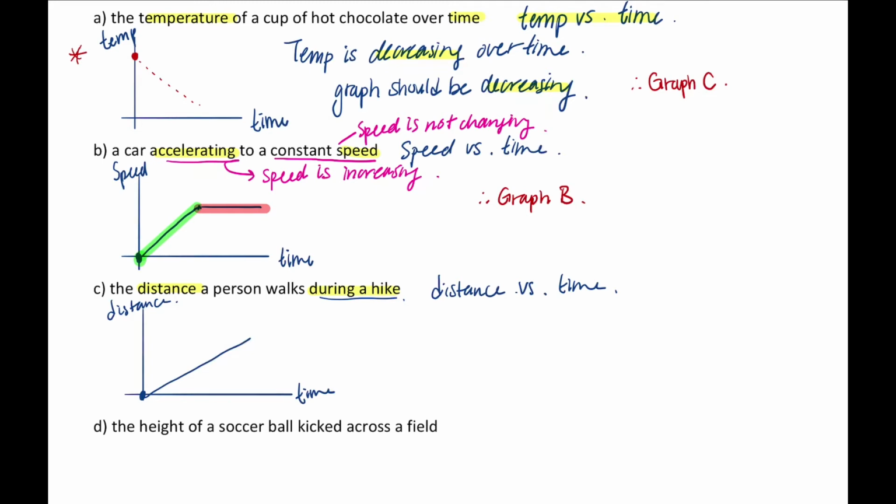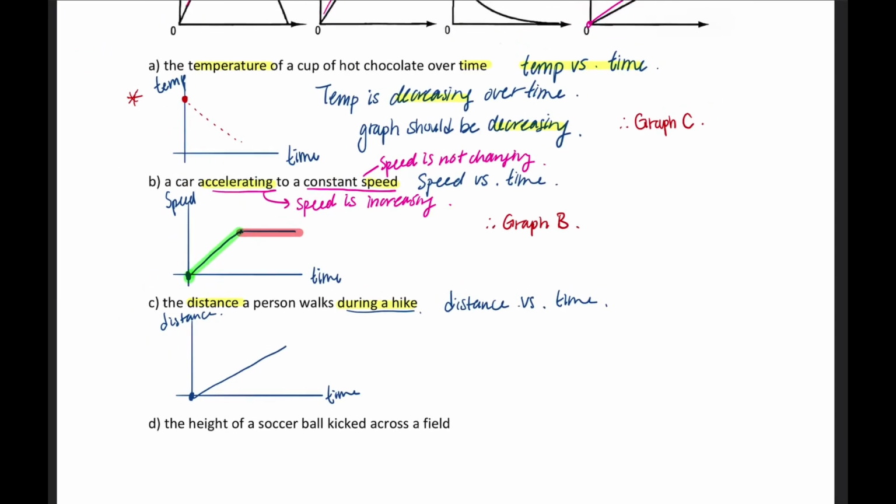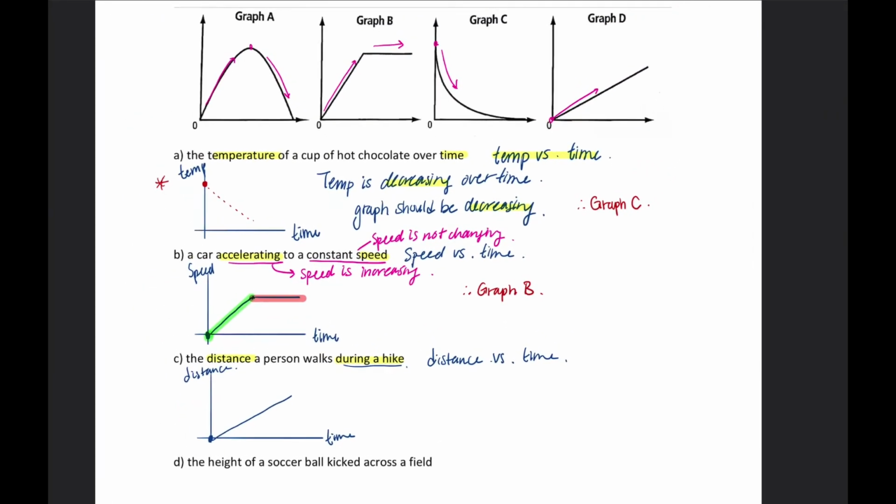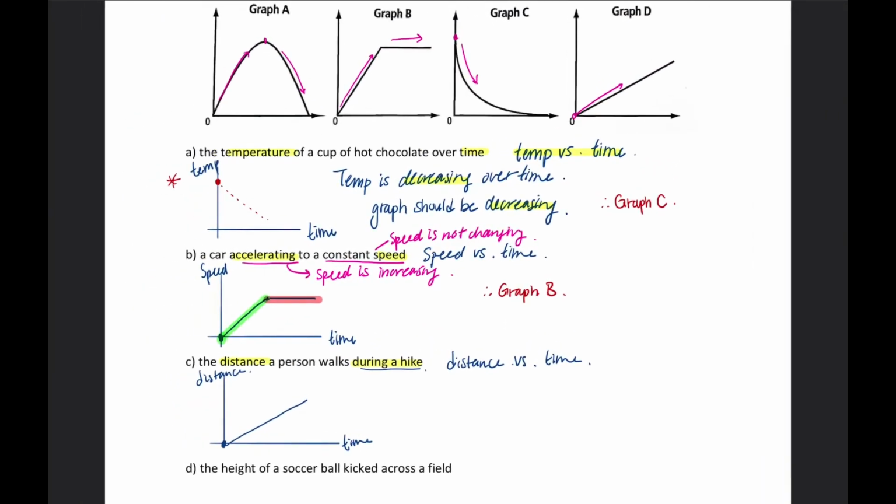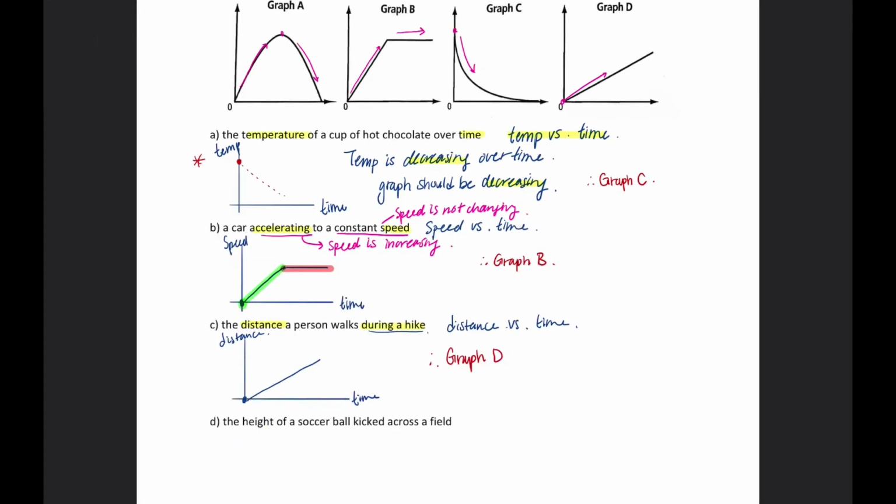Realistically, that's impossible, and so this graph will continue to increase as long as this person continues to walk. All right, so we can see that there's graph D that looks quite similar to our graph here. So we have graph D as an answer.